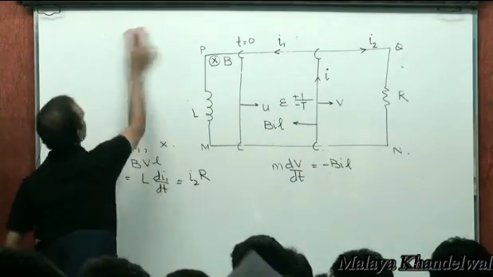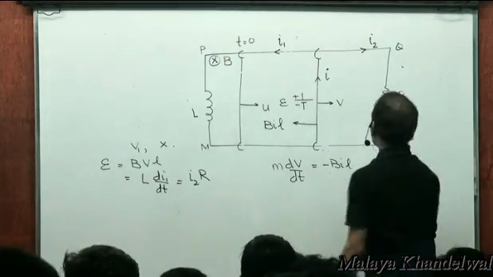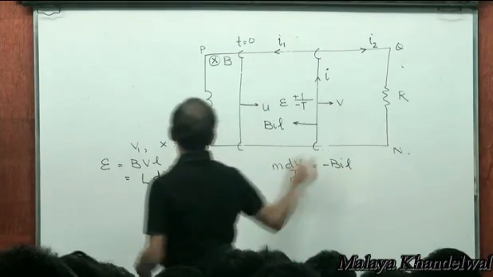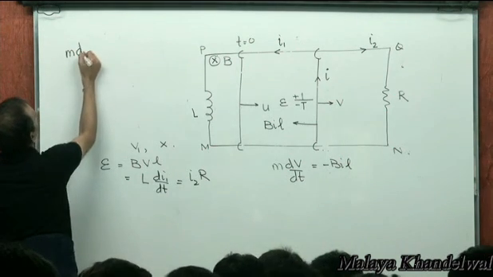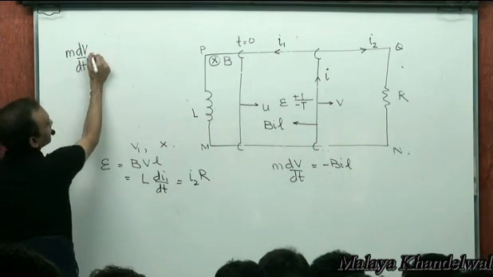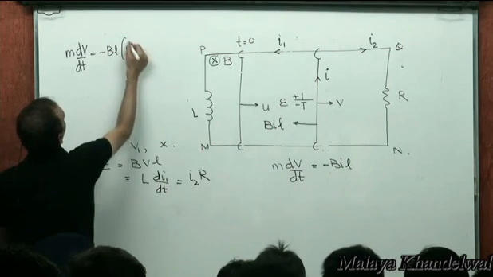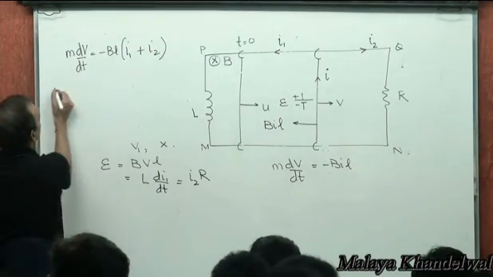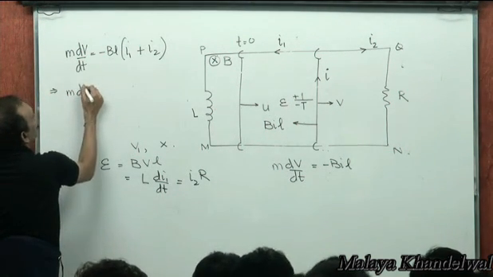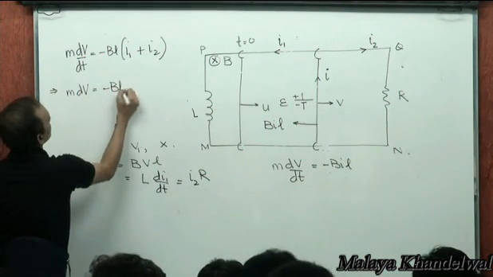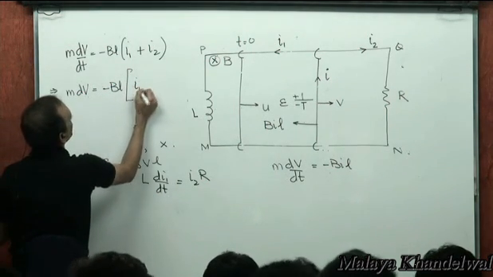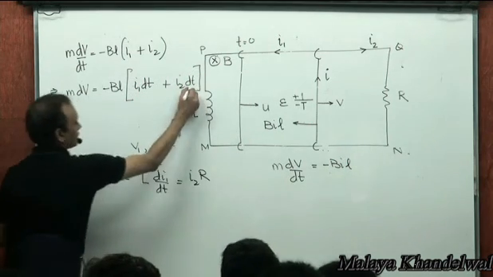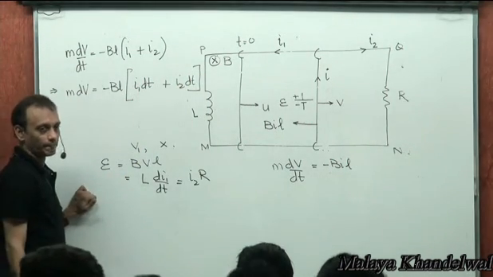What we do here is, this I I can write as I1 plus I2. So m dv dt is minus BL times I1 plus I2. Or m dv is minus BL times I1 dt plus I2 dt. Yes or no?